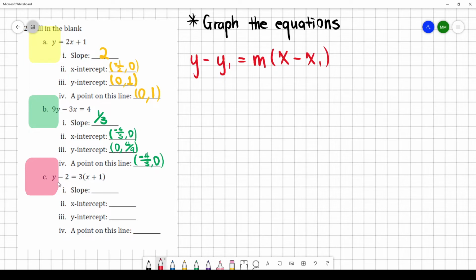So x minus -1 is equal to x plus 1. What you can get at first glance is a point, because point-slope form needs a point, and the point is already in the equation.